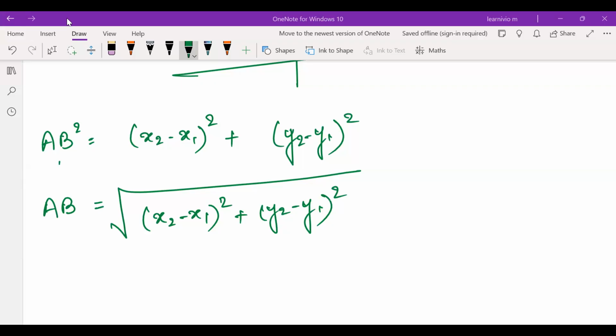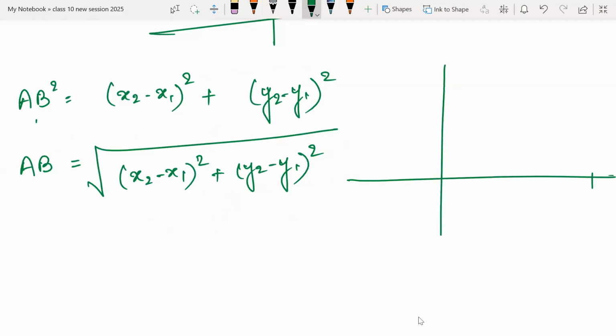Yes, let's continue. So what is x2, what is x1, what is y2, what is y1? I'm telling you. Here we have 2 points A and B. Just now we have seen a coordinate axis like this, point A was there, point B was there, and here a coordinate we were having, here another coordinate.